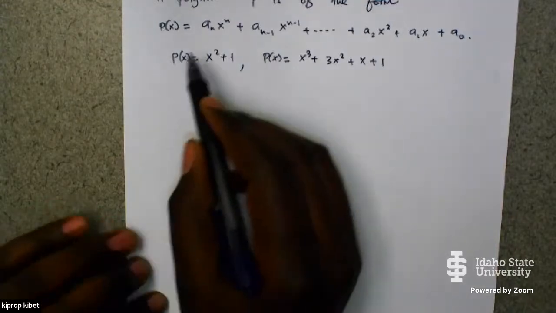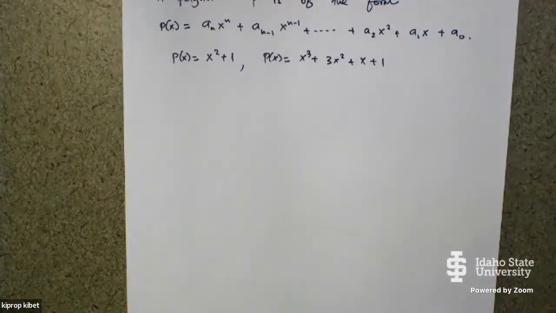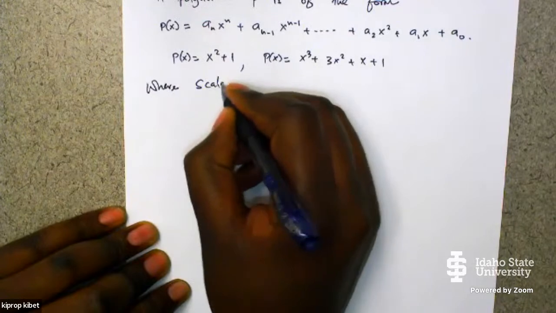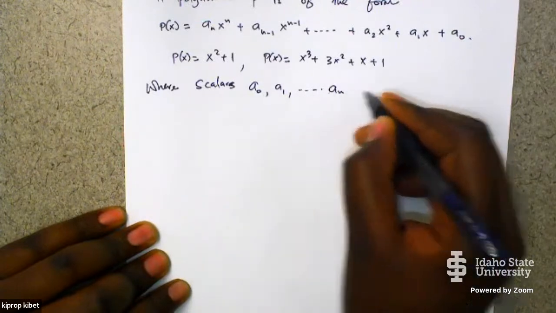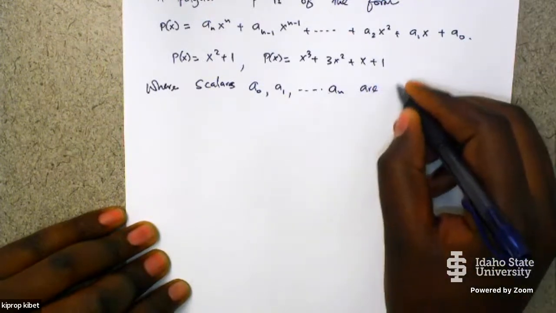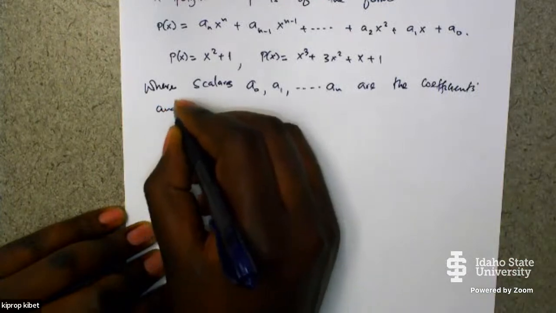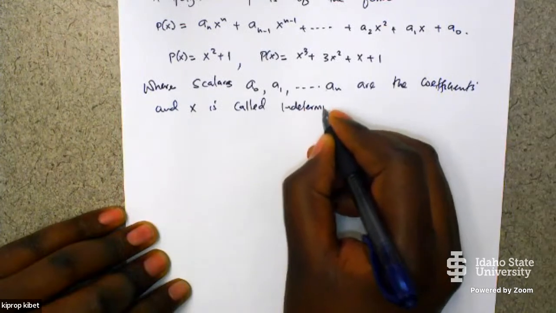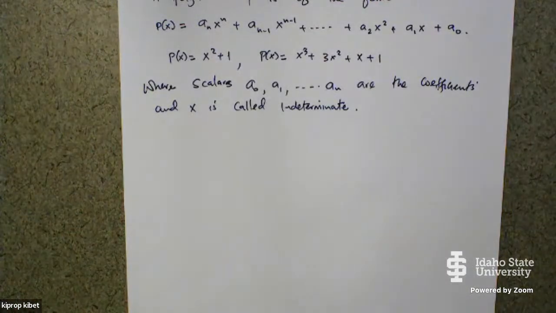So p of x equals a_n x^n plus a_(n-1) x^(n-1) up to a_0 is a polynomial where the scalars a_0, a_1, up to a_n are the coefficients, and x is called the indeterminate.